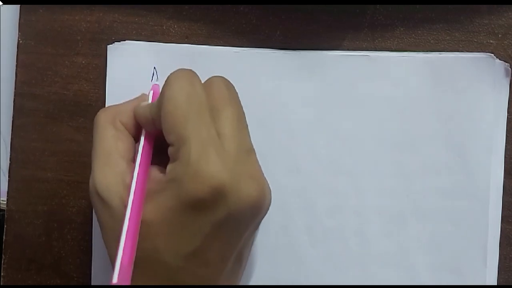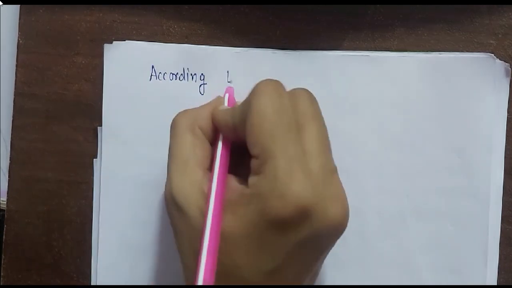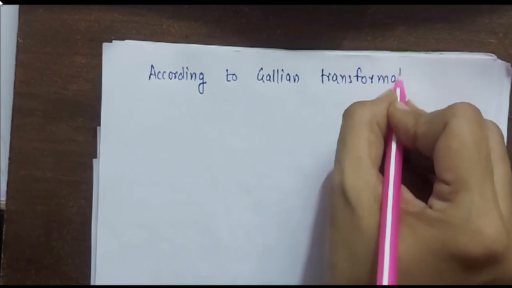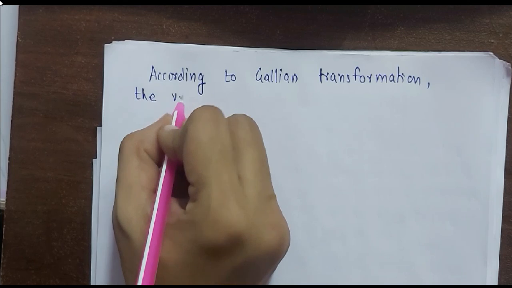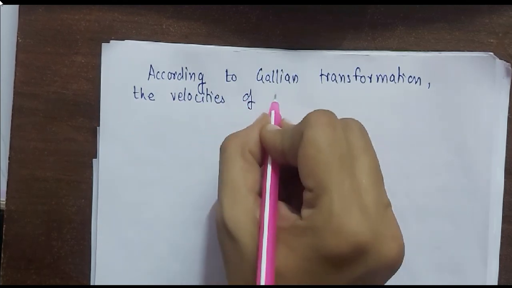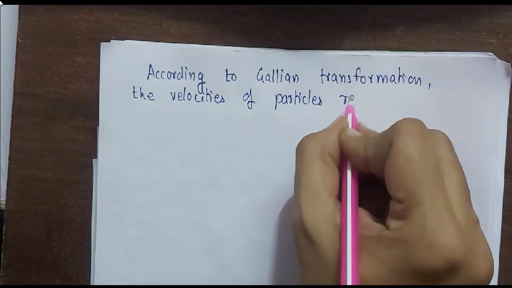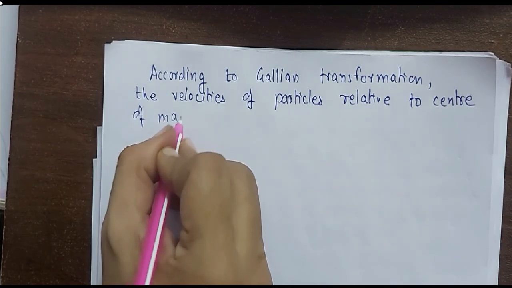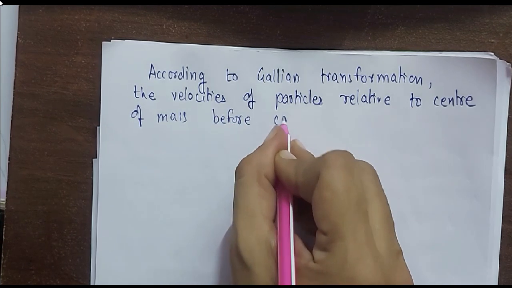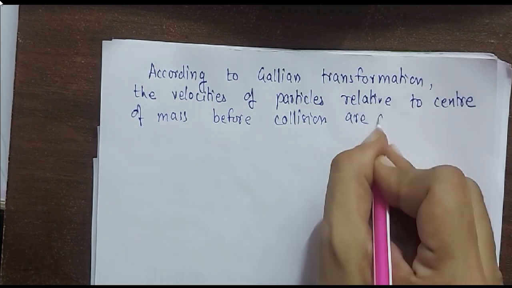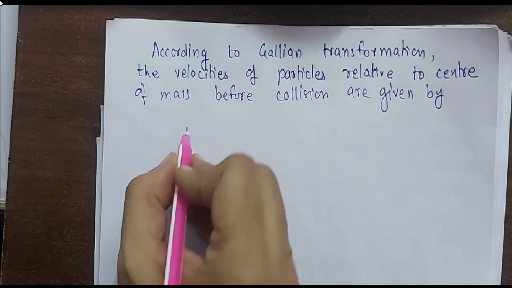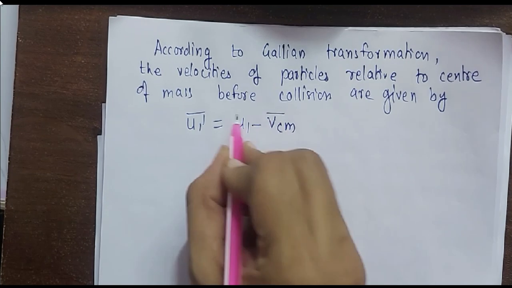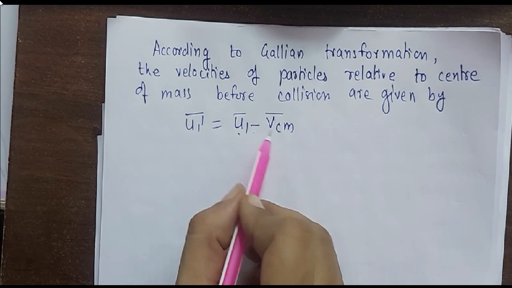According to Galilean transformation, the velocities of particles relative to center of mass before collision are given by u1 dash, this is before collision, u1 bar is equal to u1 minus vcm, initial velocity of first particle minus velocity of center of mass.